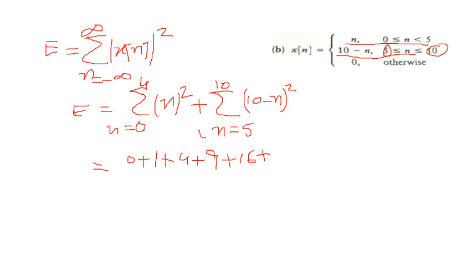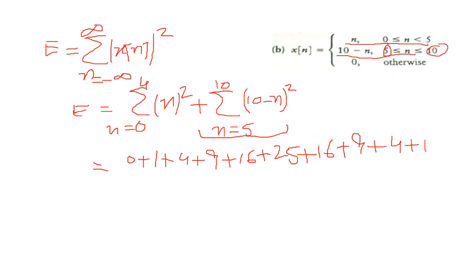Now for the second one, we have 10 minus n, so n equals 5, so 10 minus 5 means 5 square is 25, right? Next, n is 6, 10 minus 6 is 4, 4 square is 16, then the next value is 7, 10 minus 7 is 3, 3 square is 9, and plus the next value is 2 square, which is 4, and next is 1.